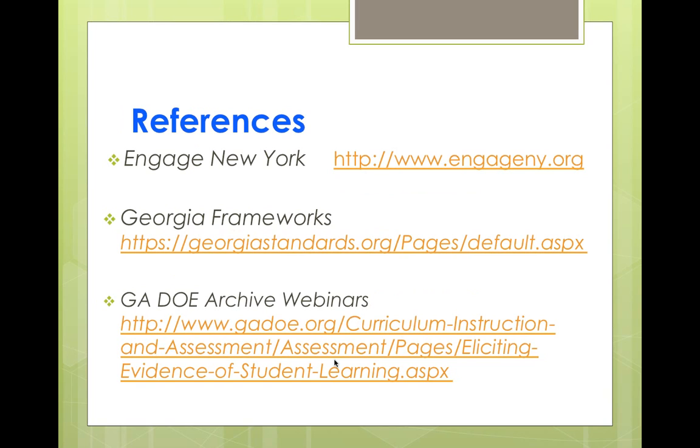Another reference, of course, is the Georgia Frameworks. This is another place we can go to access the extended response type of items. You can use pieces of those performance tasks as constructed response, or you can use the entire one as an extended response item. And as a disclaimer, the webinars that we provide here at West Georgia RESA are not in lieu of what the Georgia DOE has on their websites.